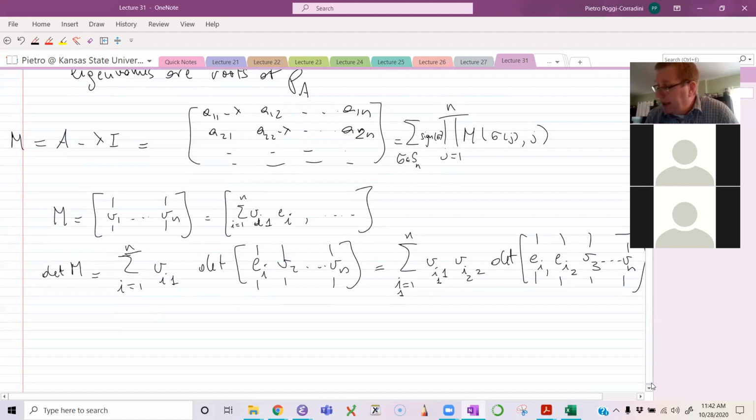And there are two sums here. Now you have to sum over i1 and i2.